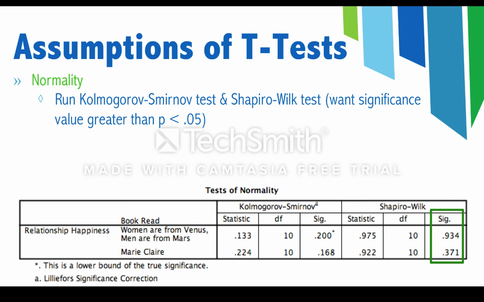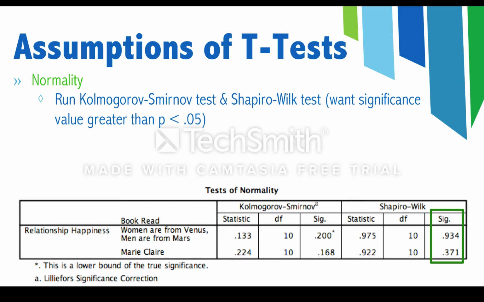So in order to understand whether the scores in each group are normally distributed, you need to consult the Sig column under the Shapiro-Wilk column. If your data is normally distributed, the significance level should be more than 0.05. If your data is not normally distributed, your significance level will be less than 0.05.